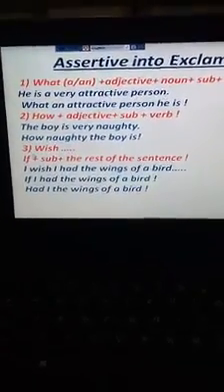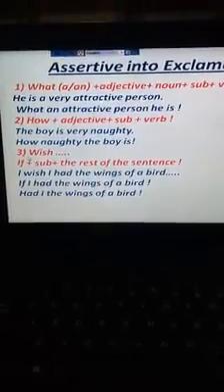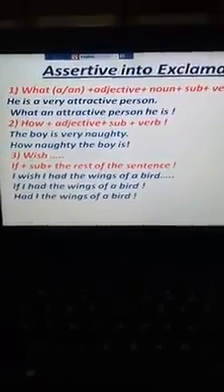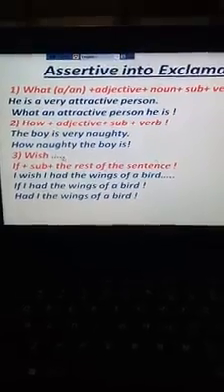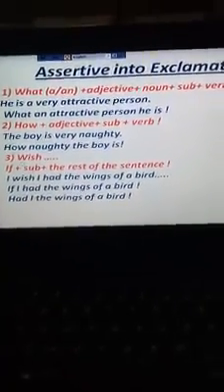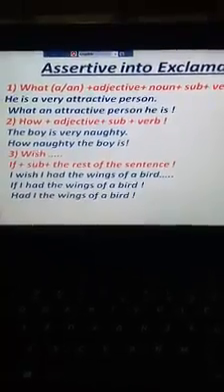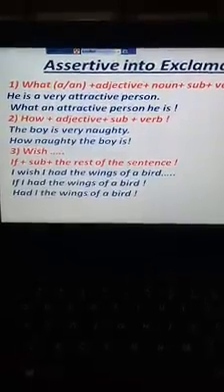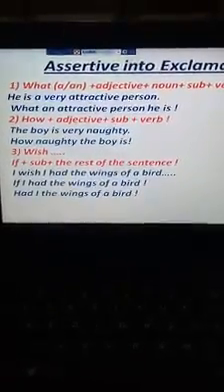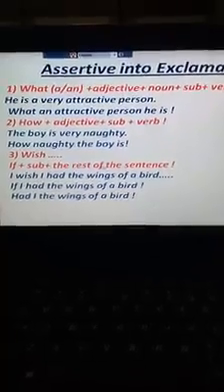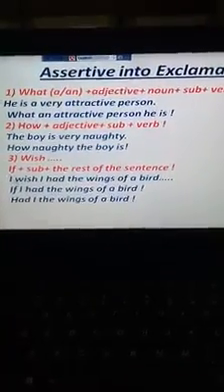Number 3, sometimes you will find the assertive sentence starts with I wish. If you find an assertive sentence with I wish, then you have to follow this structure, that is if plus subject, and after that you have to write down the rest of the sentence. Look at the example.